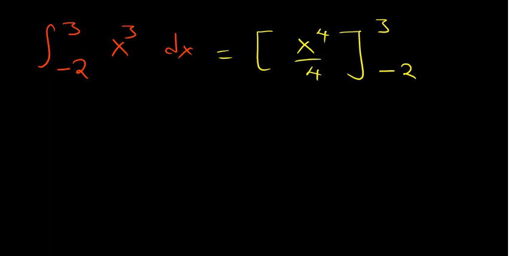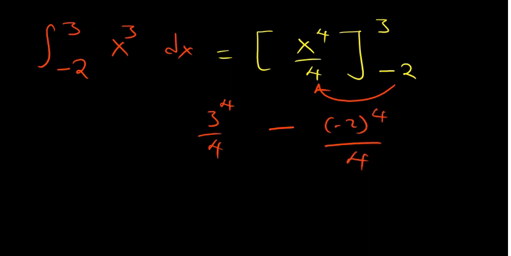So for the first part, use the upper limit, which is 3. Now raise the power 4 over 4, and then minus. Now we'll put the lower limit, which is now negative 2, to the power 4 over 4. Okay, as simple as that. So if you try to simplify that, what you get is the answer.